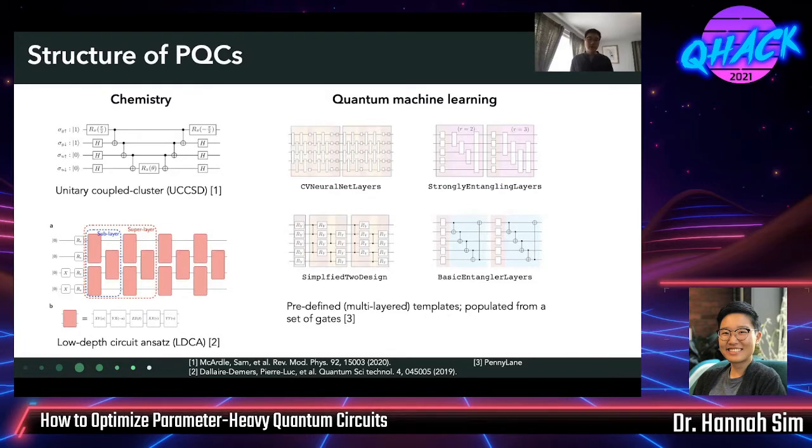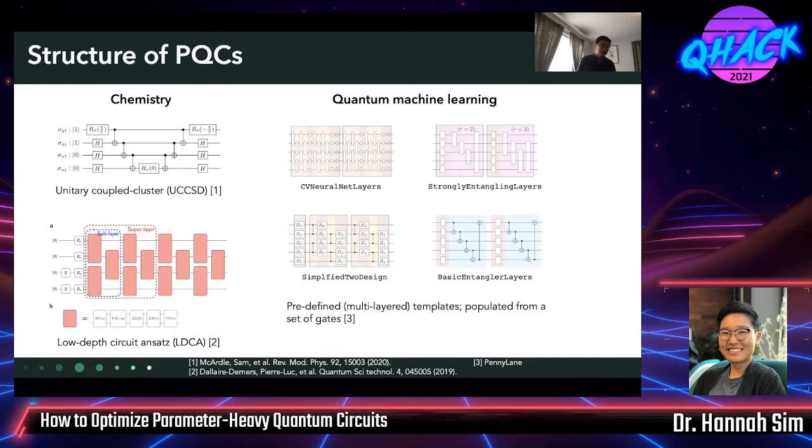Unitary coupled cluster, or UCC type circuits, were shown to be effective for estimating the ground state energies of particular quantum systems, but the main downside of UCC type circuits is that they correspond to circuits of very high circuit depth, which is not favorable for near term quantum applications.